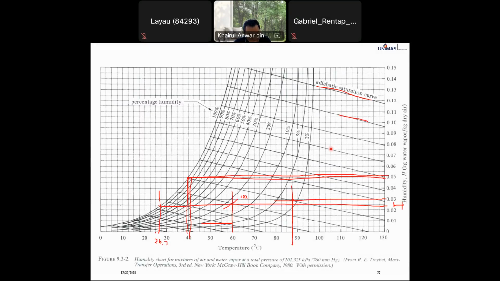The humidity is H equal to, okay. So 39.5 here. Close to 40.